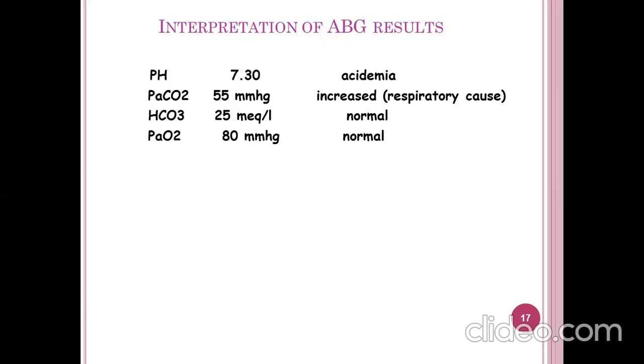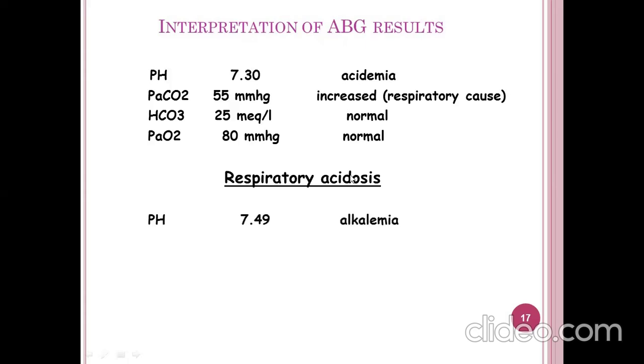What about the partial pressure of carbon dioxide? 35 to 45 mmHg. Okay, good. So this is the respiratory cause, and the pH is acidic. So acidemia, that means respiratory acidosis.